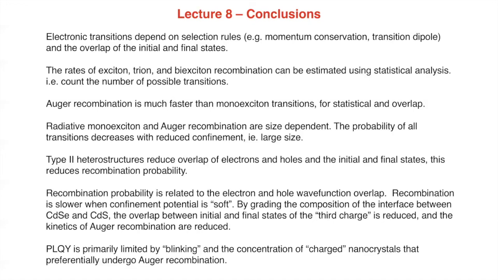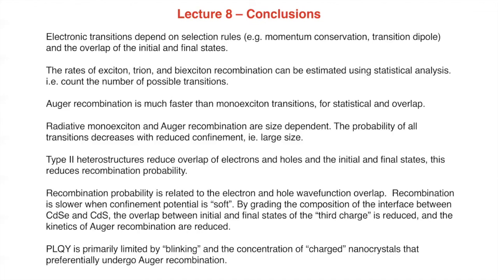All right, so let's just walk through some conclusions on this material here. We talked about how electronic transitions depend upon selection rules, all the way back to what is a direct bandgap semiconductor, what's an indirect bandgap semiconductor, and how that relates to the transition dipole. But it also depends upon the overlap of the initial and final states and the number of initial and final states.